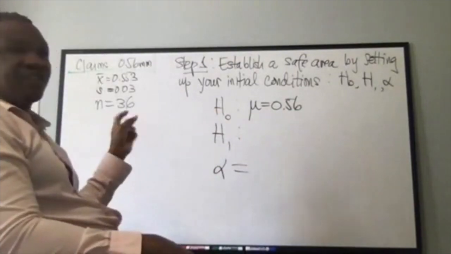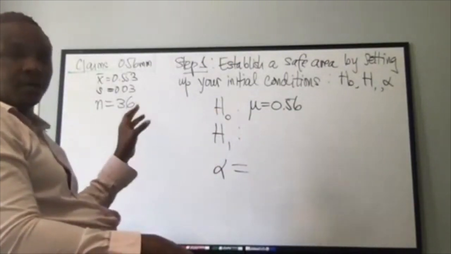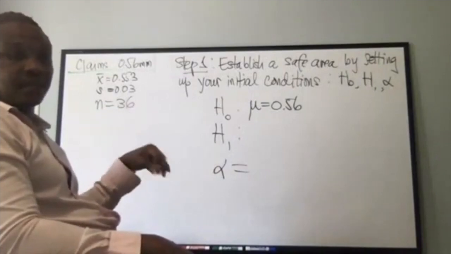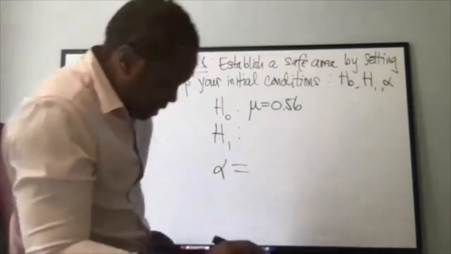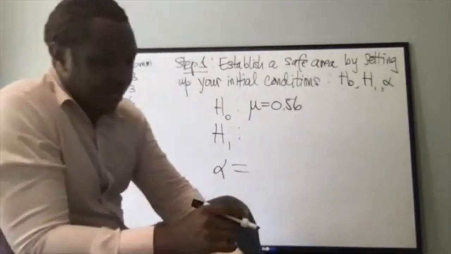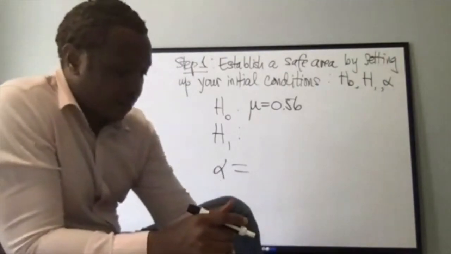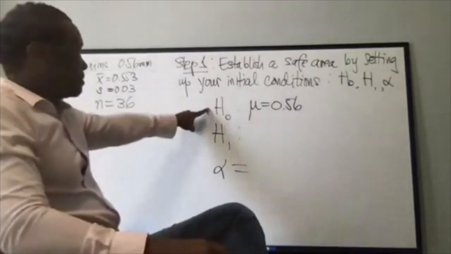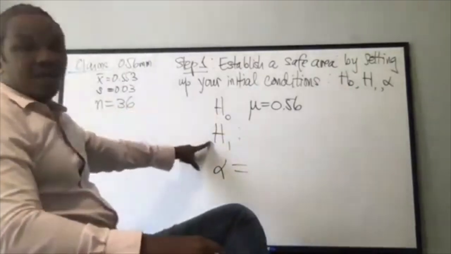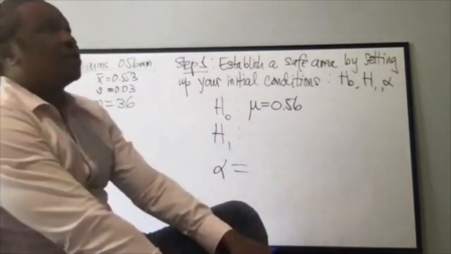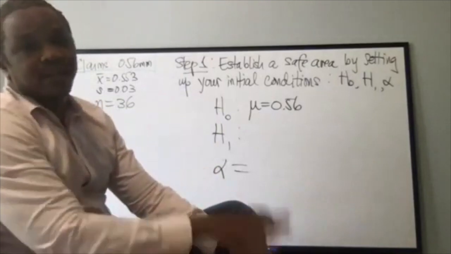See, they're saying the average thickness of all of the chalk is 0.56. You're saying, wait a minute, I thought you said we're going to be using the cup. We are. But when you write the H sub 0 statement and the H sub 1 statement, you have to write it according to the population, or like the big pot.